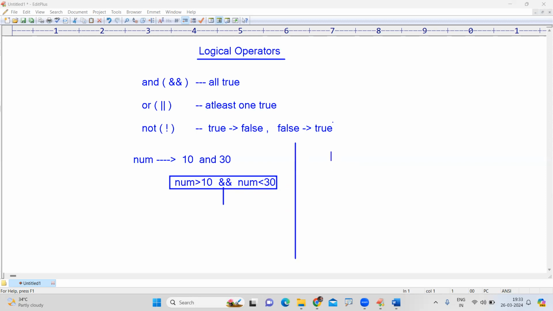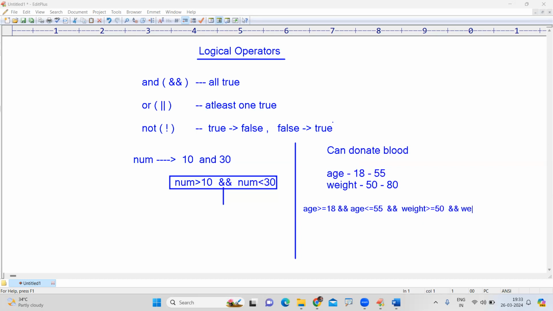Suppose I'm checking whether a person can donate blood or not. The rule is given. What is the rule? Age between 18 to 55 and weight between 50 to 80. So all conditions should be valid. So you need to write the code. Age should be greater than or equal to 18 and less than or equal to 55, and weight also greater than or equal to 50 and less than or equal to 80.